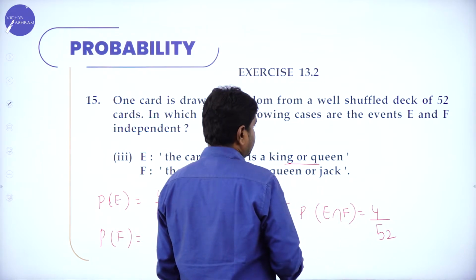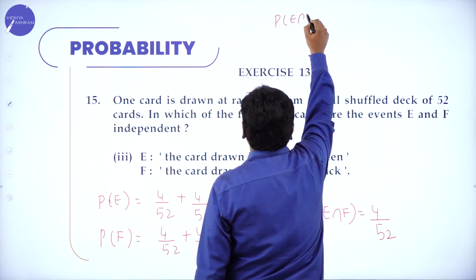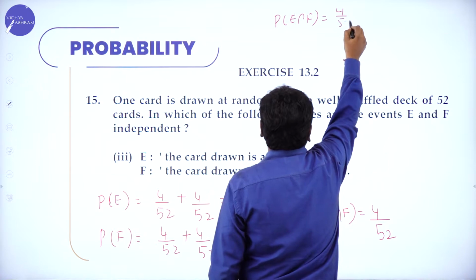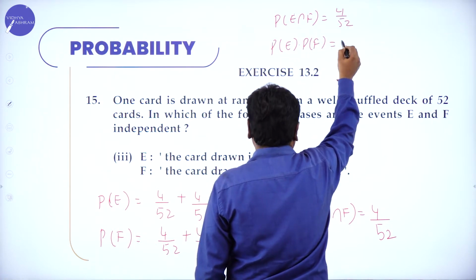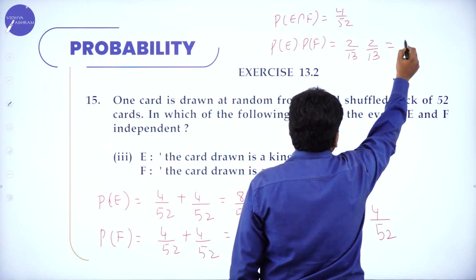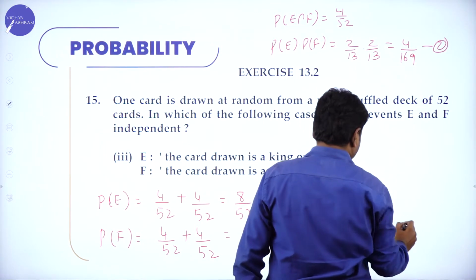Now if you simplify this, P of E intersection F is equal to what? 4 by 52. And P of E into P of F, if you do, that is P of E is 2 by 13, P of F is 2 by 13, 2 by 13 into 2 by 13 is 4 by 169. So call it as 2, call this as 1.